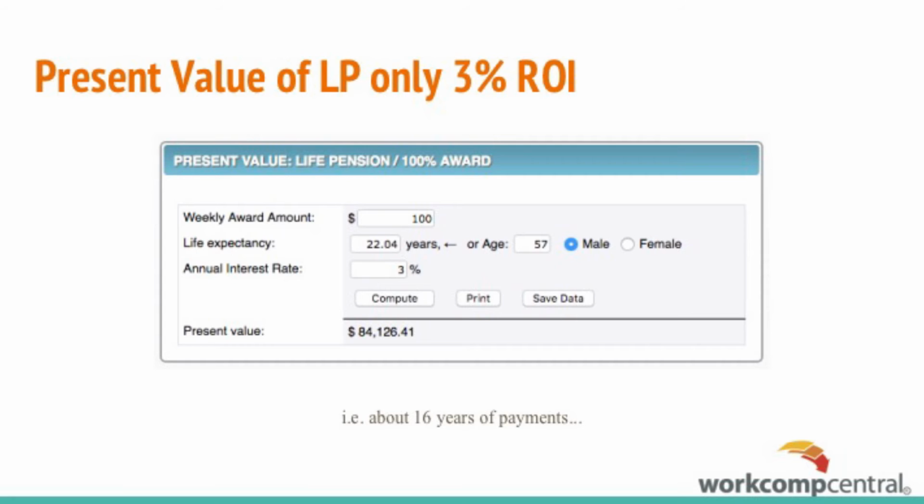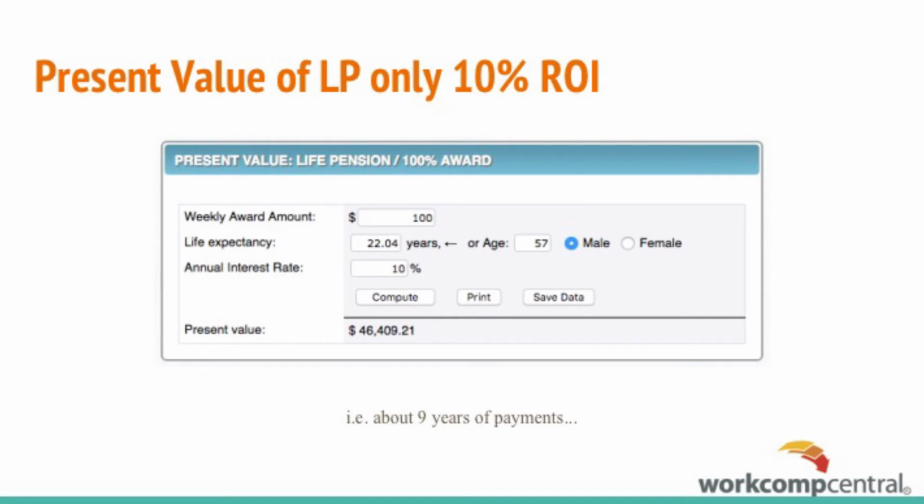So if I input $100 a week, and my life expectancy based on the current U.S. life tables that are authorized by California law, I've got 22 years left, which I think is, I better live past 79. But 22 years left at an annual interest rate of 3% gives me a present value of that annuity payment of about $84,000.